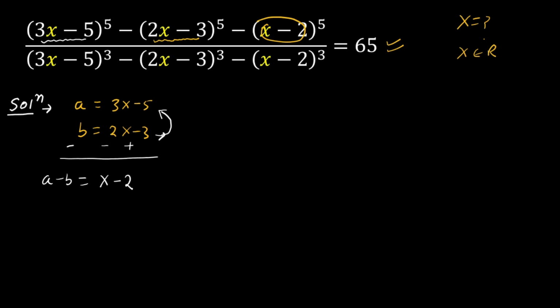minus 5 plus 3, that is minus 2. Here, this expression is a and this expression is b, so this expression is a − b.